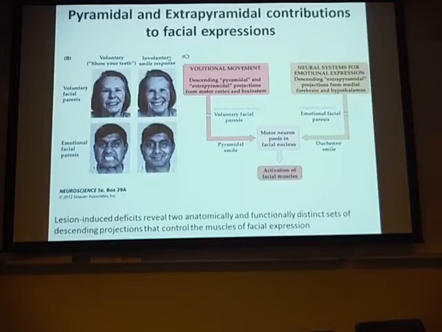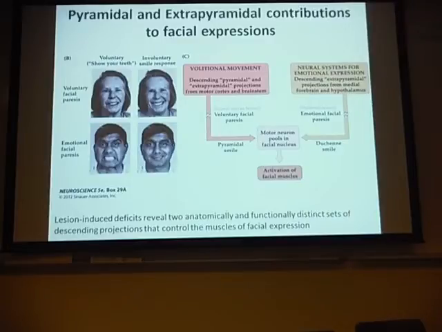However, if you elicit an involuntary smile response, here's where you see the asymmetry. Normal tone and movement on the left side of his face, and slight paralysis or weakness on the right side. I wouldn't even call it weakness, but deactivation or failure to activate the muscles on the right side of his face. And again, this is due to disruption of this extrapyramidal tract, resulting in emotional facial paralysis.